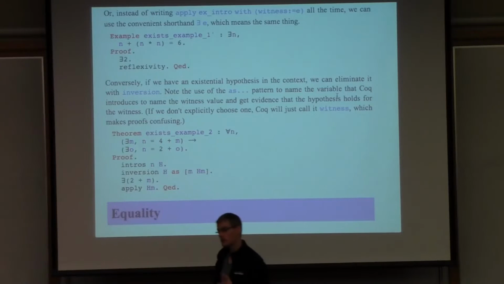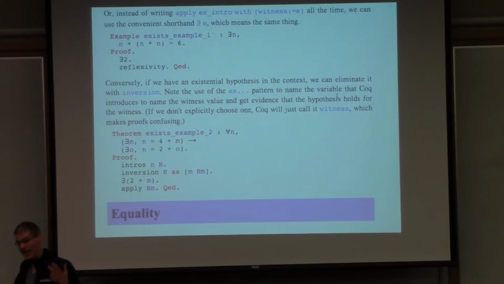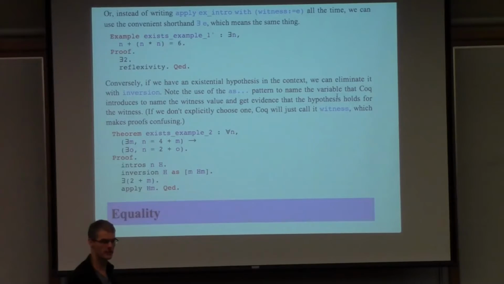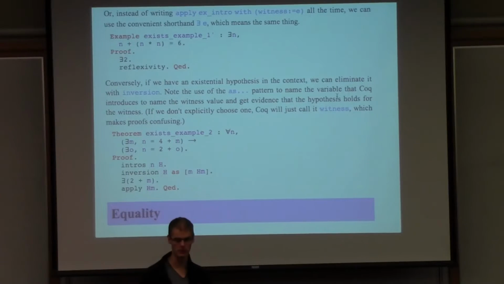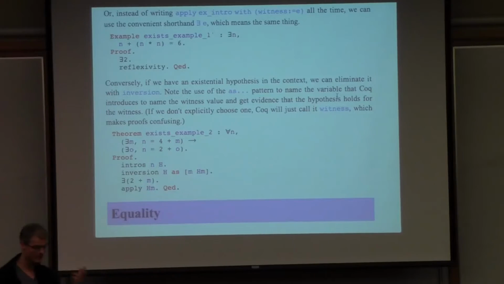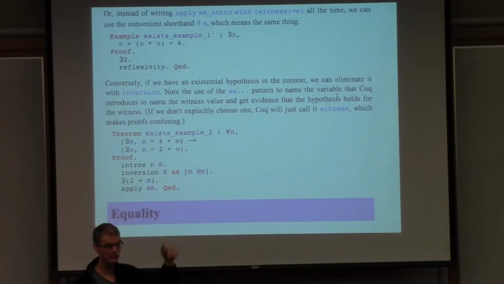Okay, and then conversely, if we have an existential hypothesis and we want to use it, how do we get the juice out of it? Inversion. Same way we get the juice out of any inductively defined proposition. So if you have an existentially quantified thing, you can say inversion, and that will dump into the context a variable called witness and a proof of P for witness.